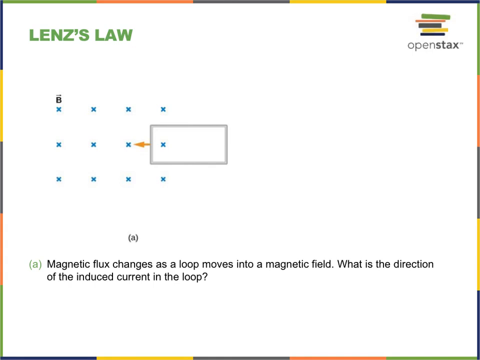And so, as it's doing so, the magnetic flux is increasing because it's going into an area where more and more of that magnetic field will be passing through the loop. So we want to offset that. We want to create an induced magnetic field that would be in the opposite direction, so that would be out of the page.